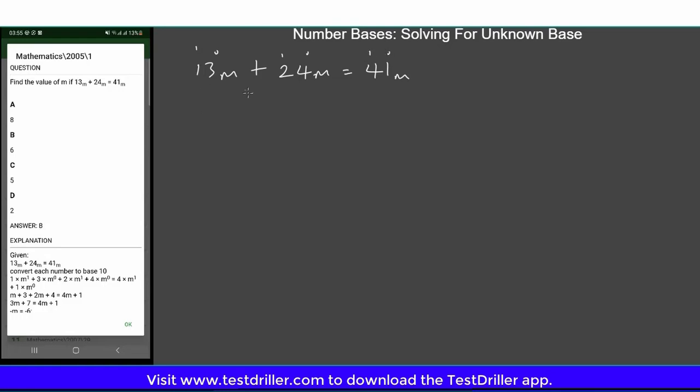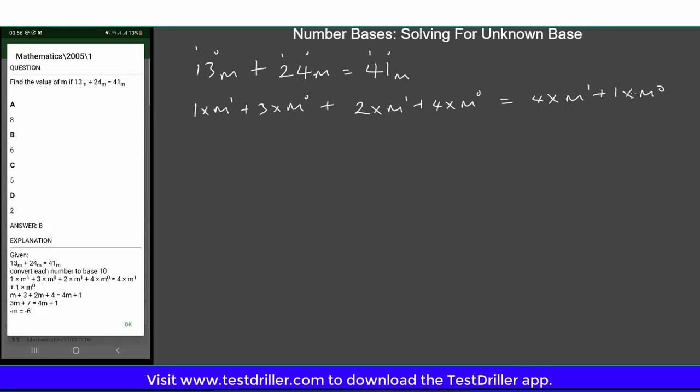So for 13 to base m, we are going to say that 1 times m raised to the power of 1 plus 3 times m raised to the power of 0 plus 2 times m raised to the power of 1 plus 4 times m raised to the power of 0, and that's equal to 4 times m raised to the power of 1 plus 1 times m raised to the power of 0.